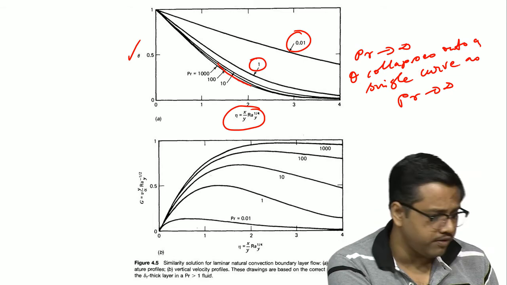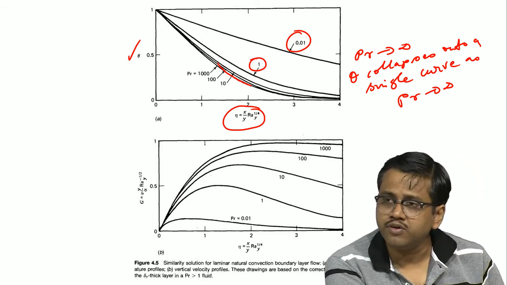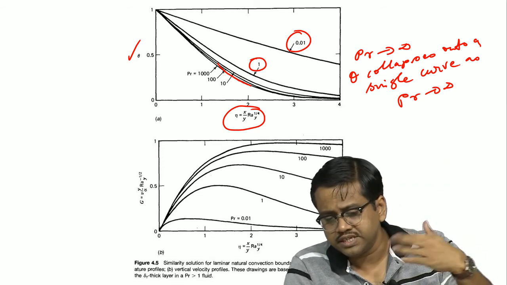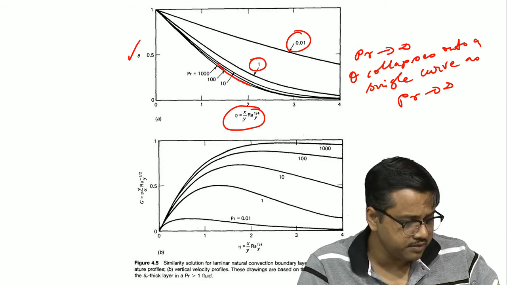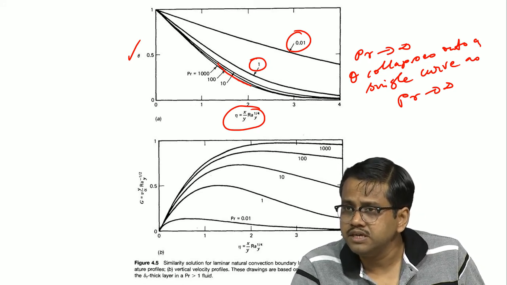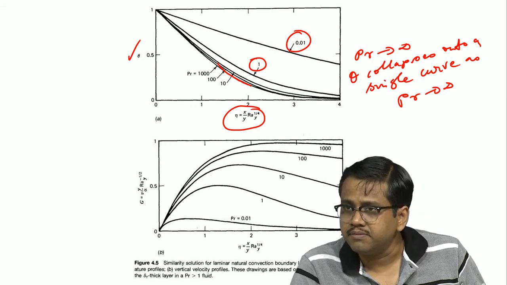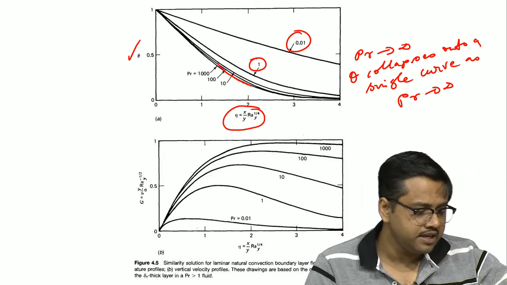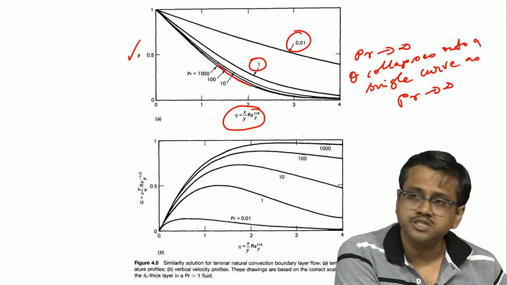You have already seen that for really high Prandtl number fluids, the Nusselt number does not have a dependence on the Prandtl number as such, and that naturally appears in this particular expression, right.